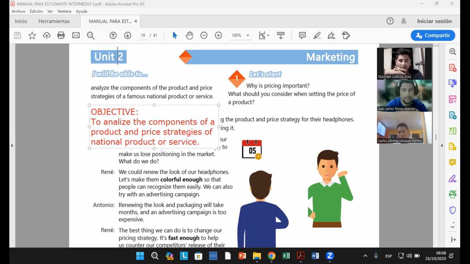So this is what we are going to do: analyze the components of a product and price strategy of a national product or service.